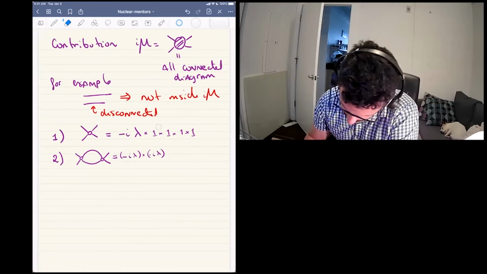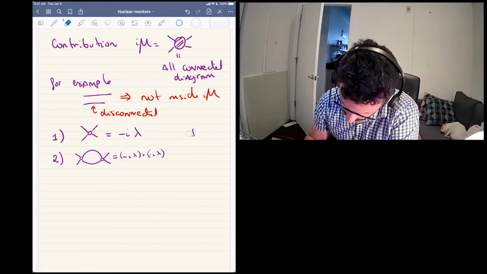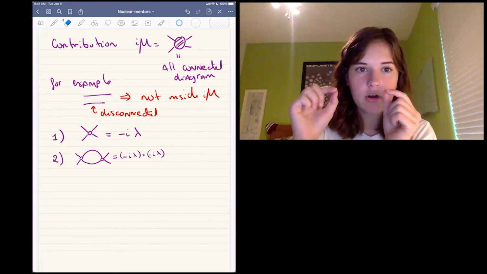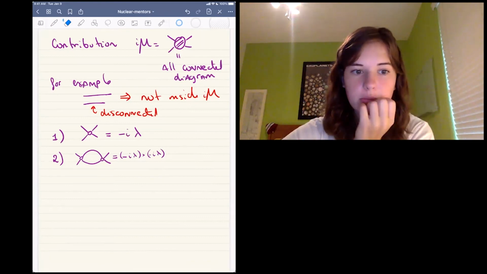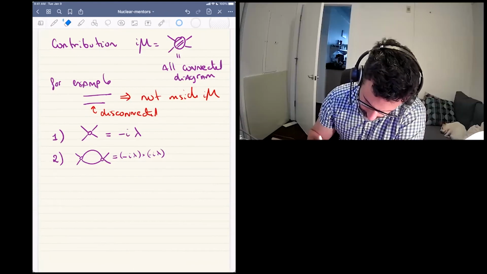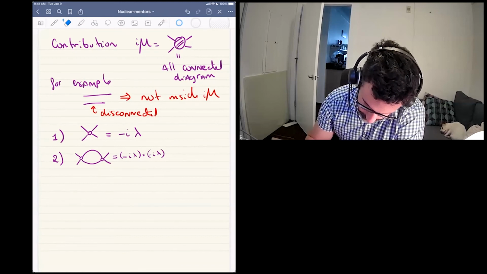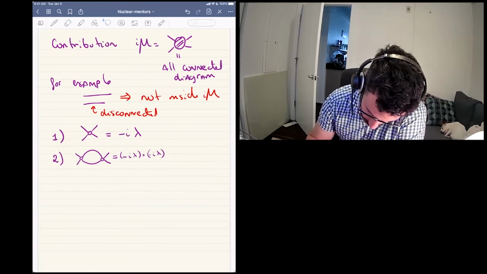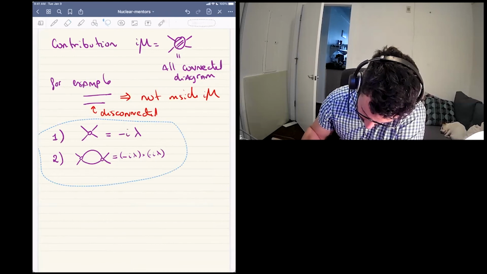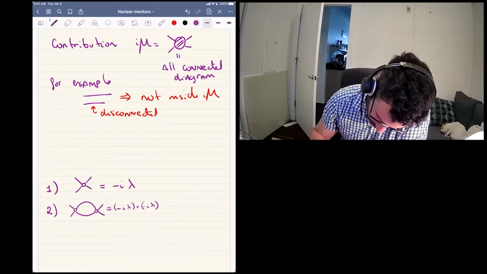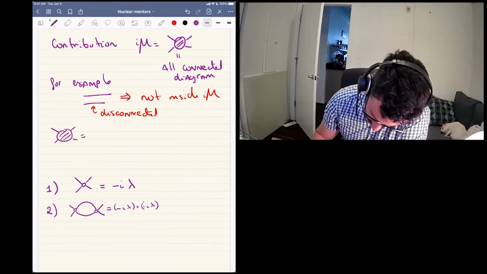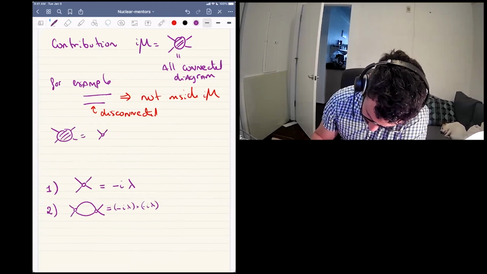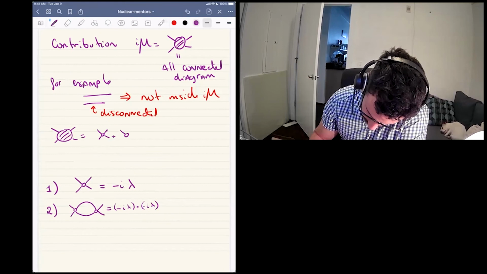Everything is multiplied. So were they different contributions, like different interactions, would they be added, or is everything always multiplied? So the scattering amplitude to this object is equal to the sum of all possible ways in which the particles can interact.